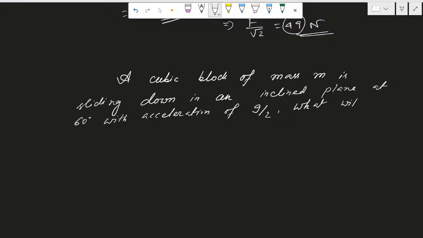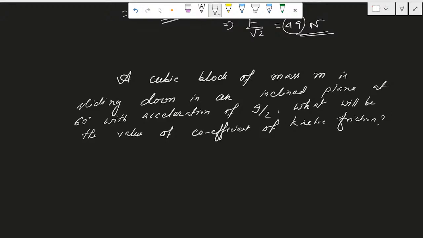What will be the value of coefficient of kinetic friction?